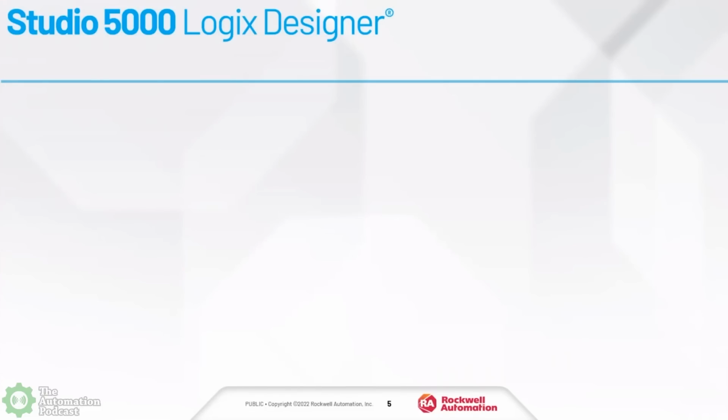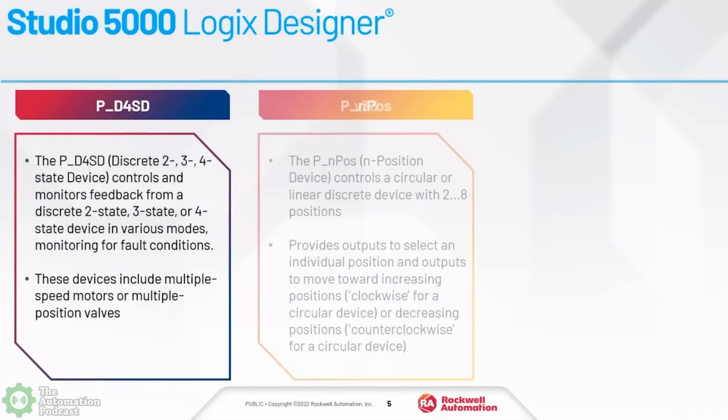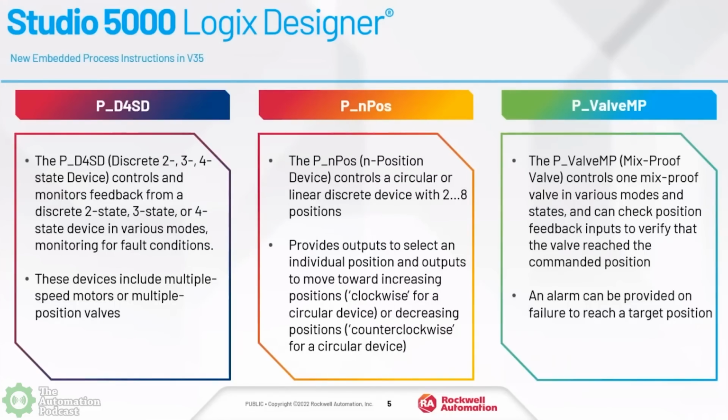Okay, so when we go to this slide, we are actually going to be adding new embedded process instructions in version 35. In version 33, we originally introduced 25 new process instructions available in the instruction palette in Studio 5000 Logix Designer. And these 25 instructions aligned with the PlantPAx 5.0 distributed control system.